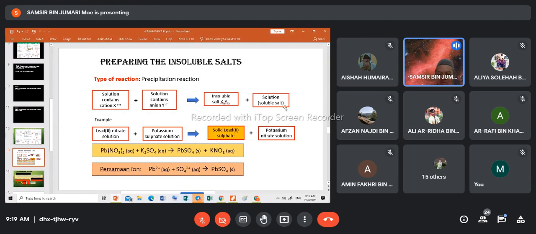And the other one is the soluble salt or the solution.